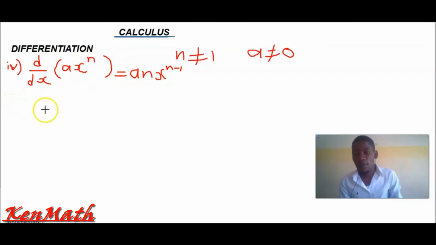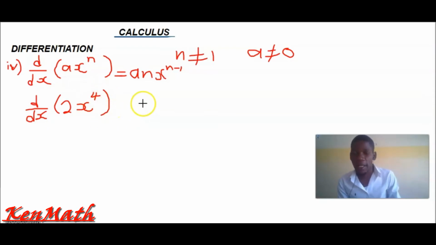So what is the example for this one? The d over dx of 2x to the power 4. How can we differentiate that?